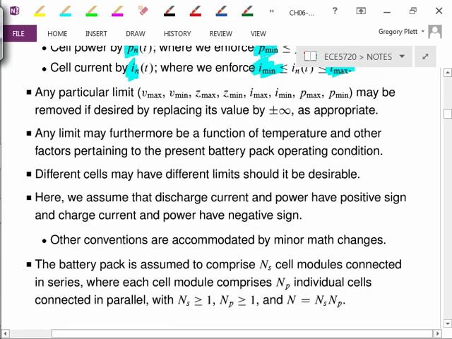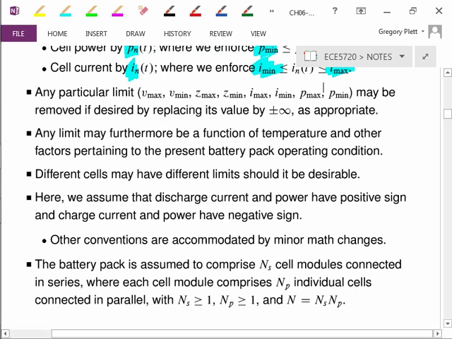And here we're going to assume that discharge current and power have a positive sign, and that is consistent with our cell model, and charge current and power have a negative sign, and that's also consistent with our model up to this point. Other conventions are, of course, accommodated by just math changes to change the sign of different quantities.